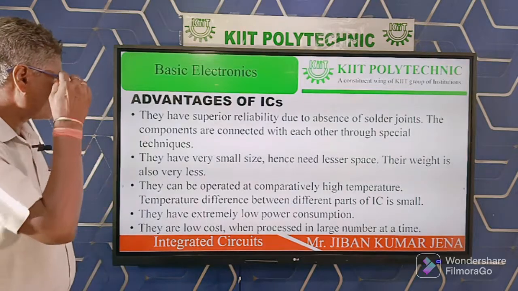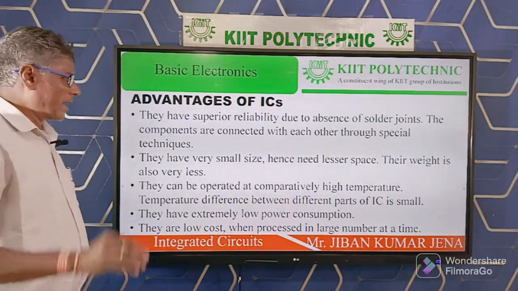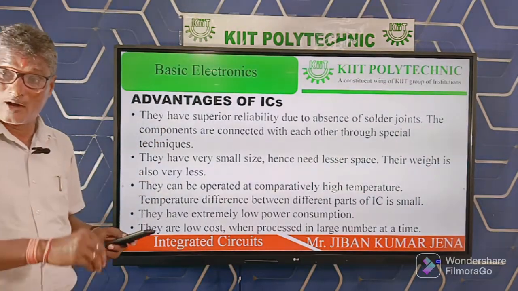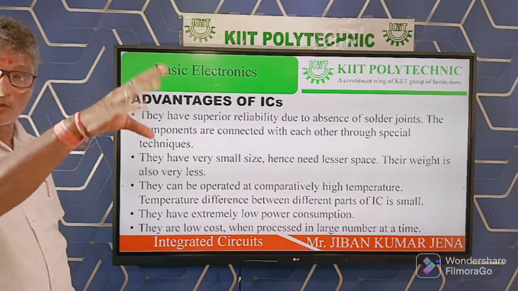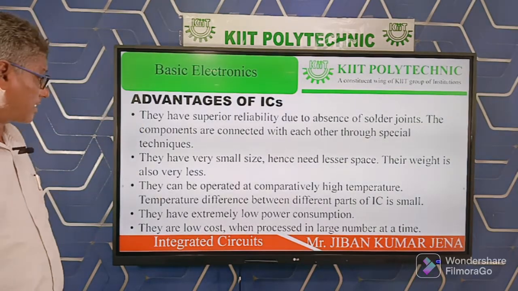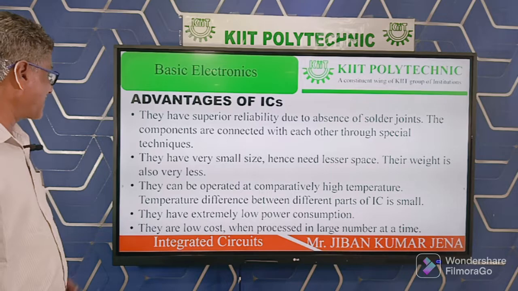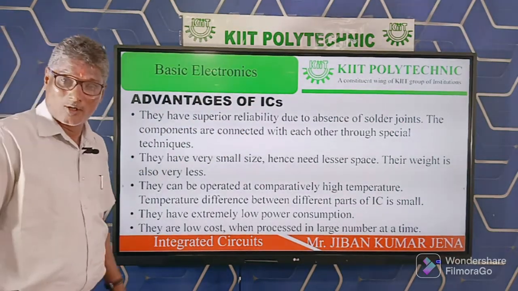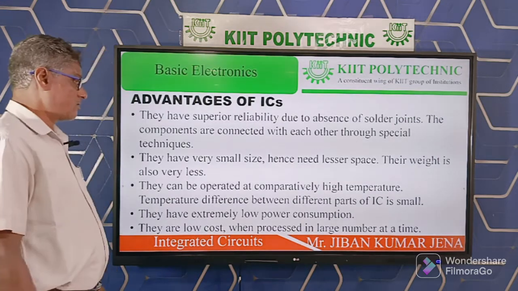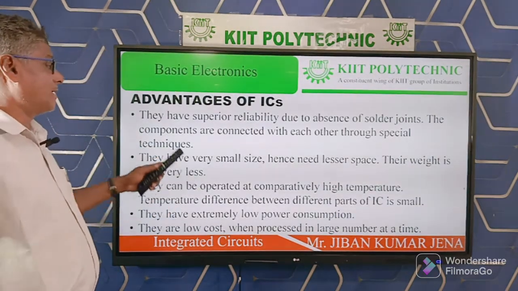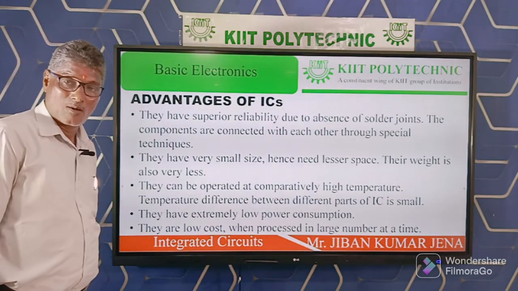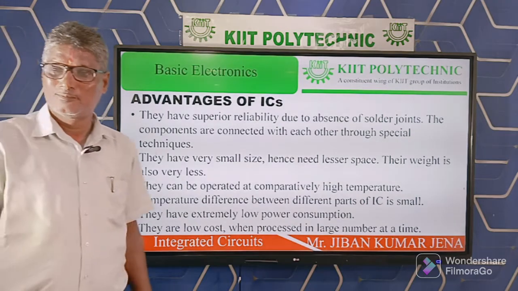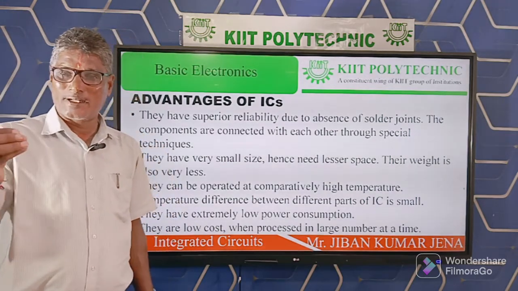Due to the non-soldering process, its reliability is superior, its strength is superior, its longevity is superior in comparison to your discrete circuit. Already I have discussed. Okay, my student? Any doubt? Any question?